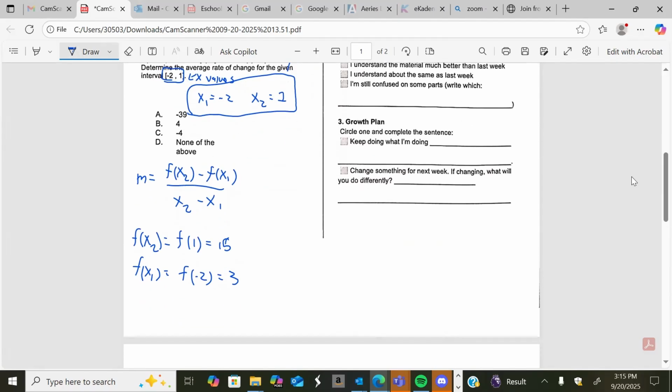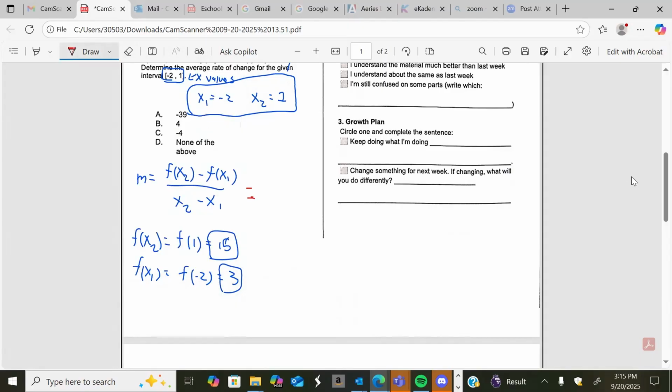So now that I have my f of x2, f of x1, x1 and x2, I have all the properties needed to plug into this average rate of change formula. So now I can just substitute.